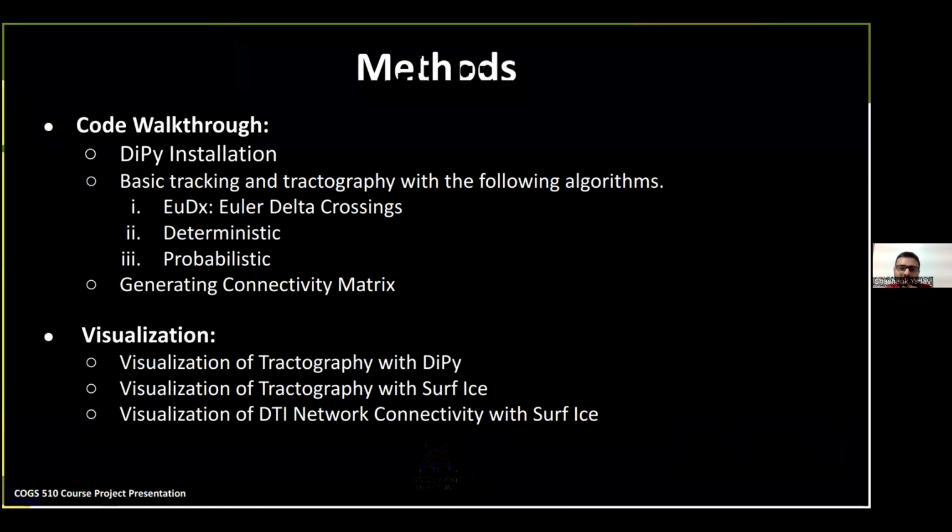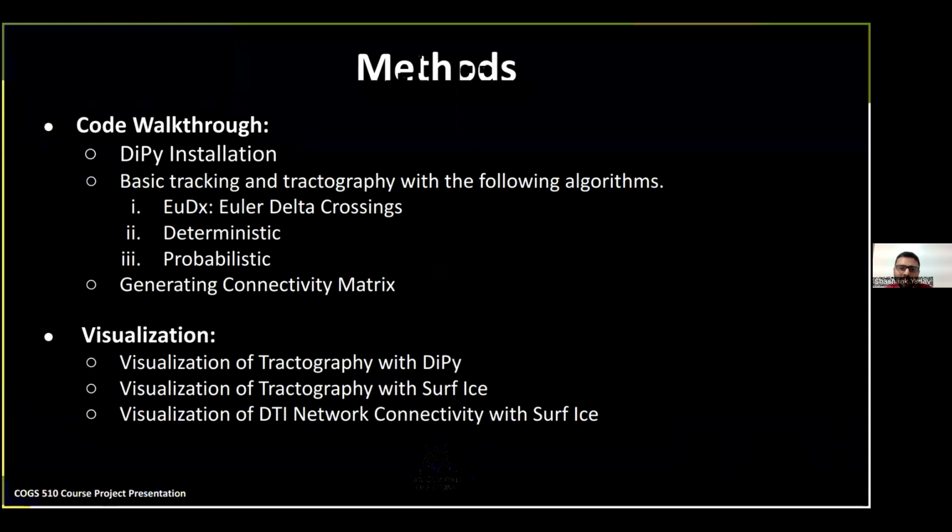This is mostly the tutorial part, where we'll be seeing the commands, the packages, and the functions we'll use. The next part is visualization, where we'll see how you can visualize tractography with DiPy, then tractography with Surf Ice, which is another visualization software, and then how to visualize the network connectivity with Surf Ice.